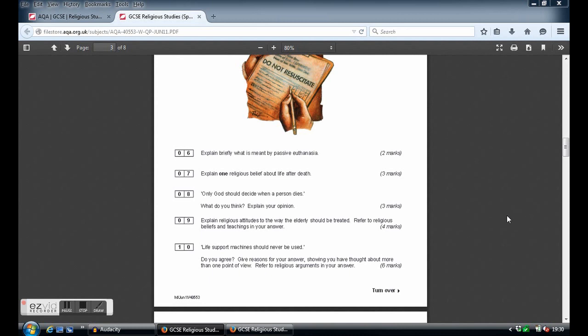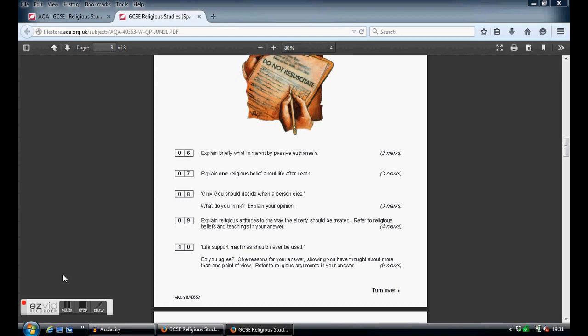Doesn't really matter. Okay, I'm going to say that I agree with this, I think. I'll just say, yes, I agree.